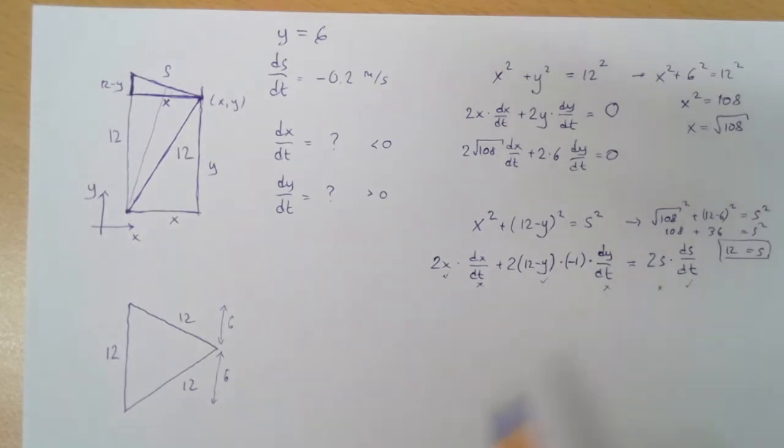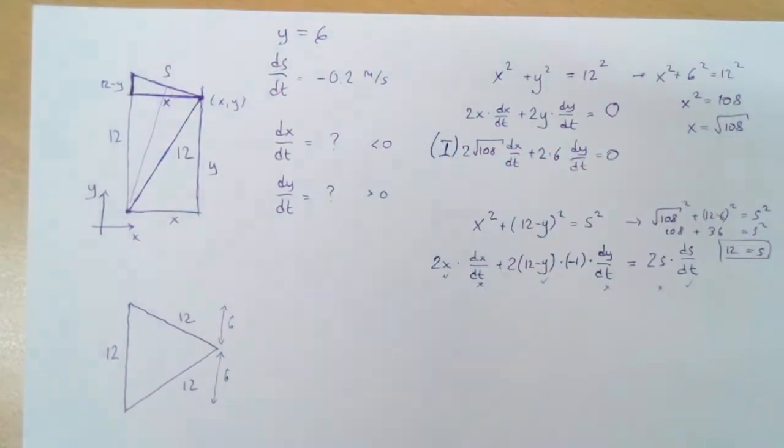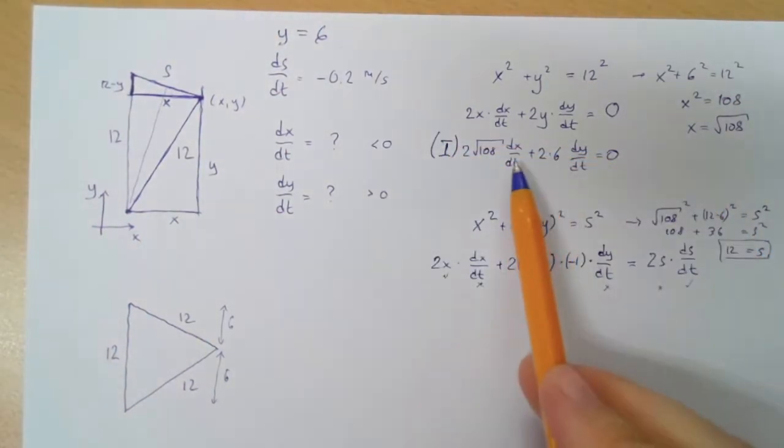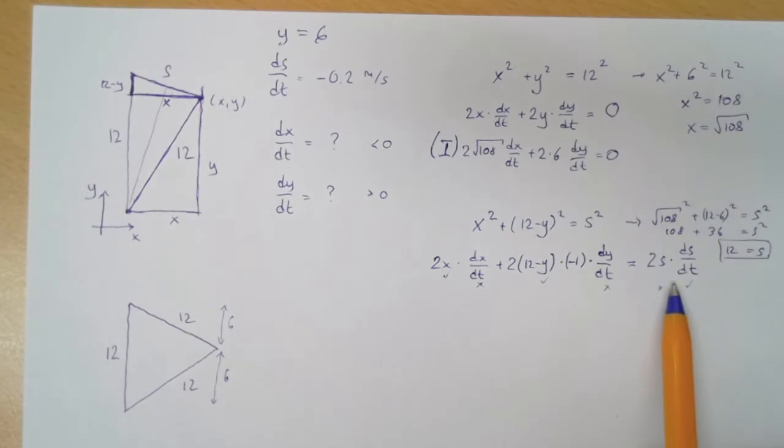Now we know that s equals 12, so I have plenty of information that I can now find out. Indeed, this equation, let me give it a name, equation 1, has two unknowns, dx/dt and dy/dt. This equation here will only have two unknowns as well, dx/dt and dy/dt, so now I know I'm going to be able to solve this entire problem.